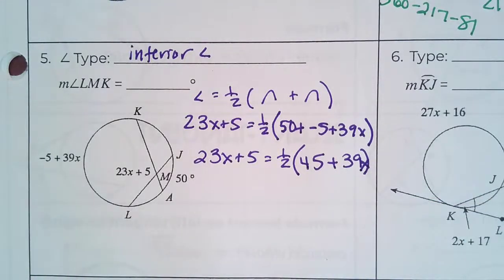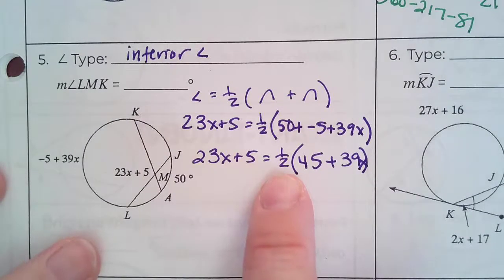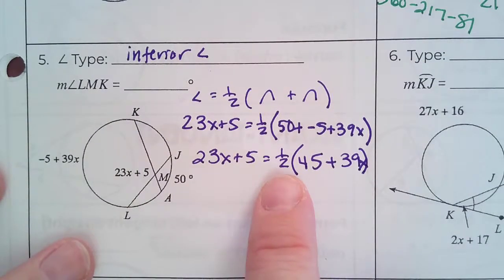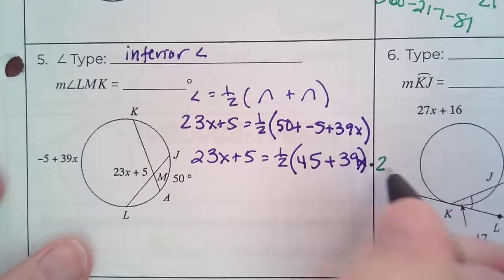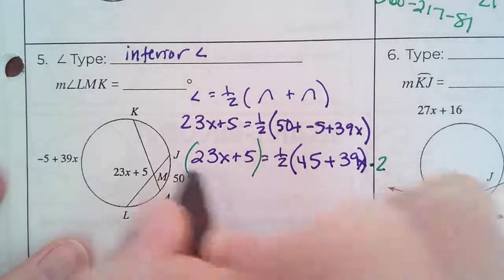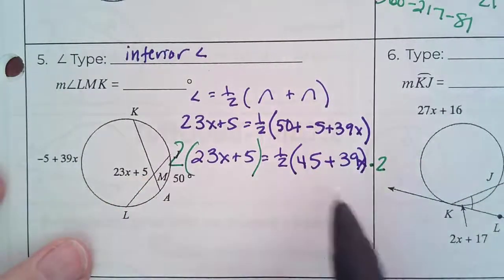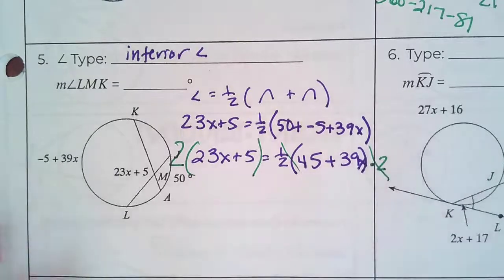So I'm going to picture this right side as being either multiplied by 1/2 or dividing by 2. In order to undo that, I would multiply both sides by 2. When I do that on the right, my fraction goes away, and this is going to allow me to not have fractions or decimals.